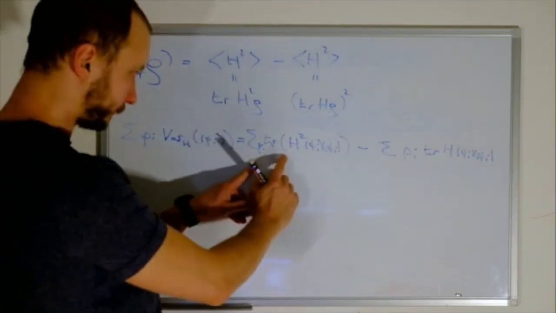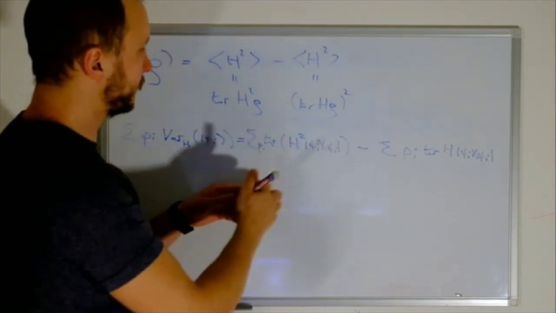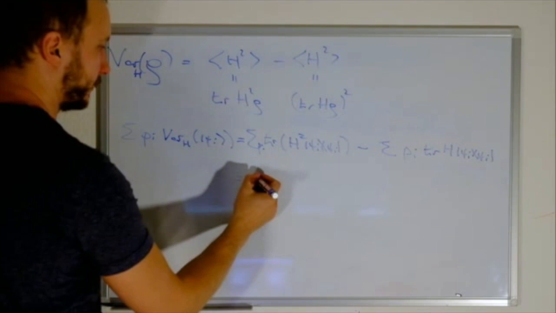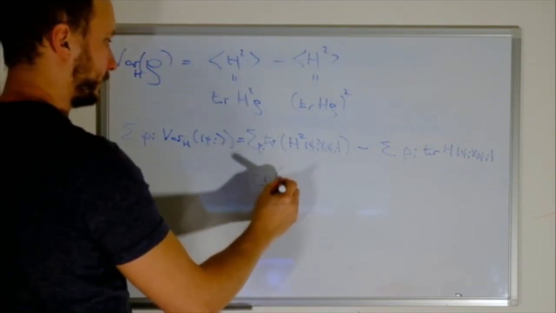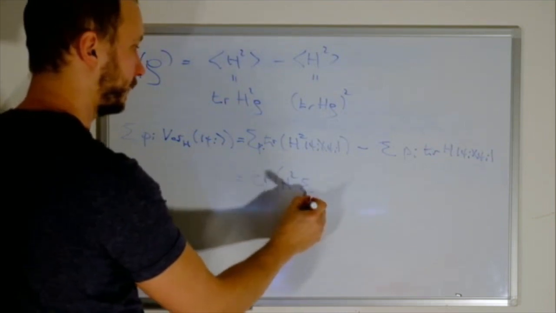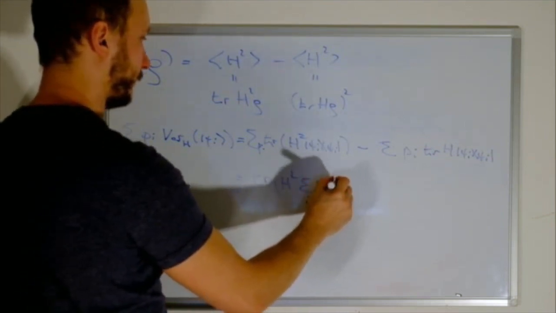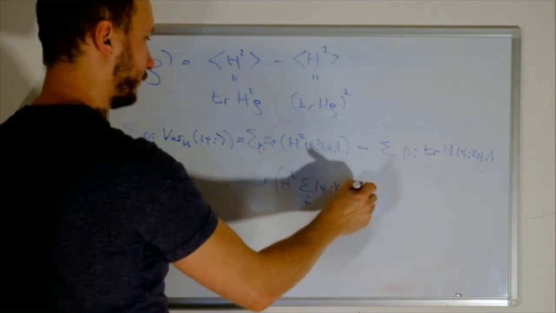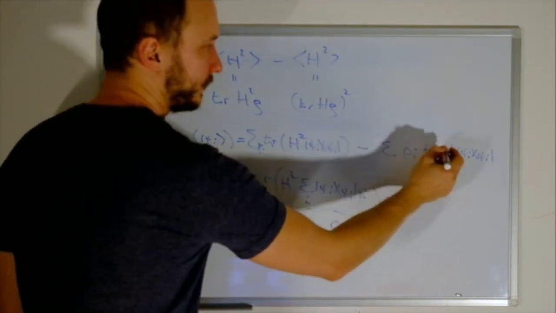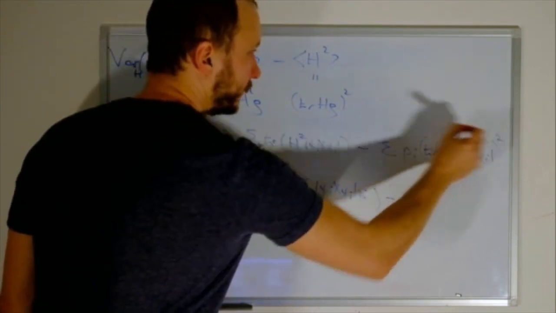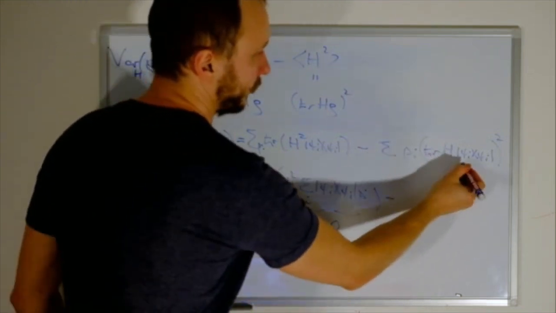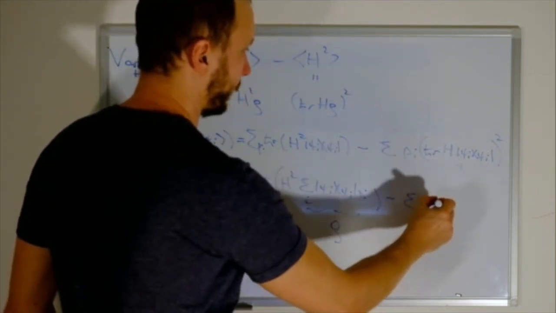What you see here is that the second moment is linear, so we can rewrite it by putting the sum inside the trace, since the trace is linear. Here we get the trace of H squared times the sum of p_i psi_i with a weight, which is precisely rho. Minus this. Here we cannot do this because obviously here we have a square, so we cannot put the probability inside. Instead we will simply denote this object as the sum of p_i.